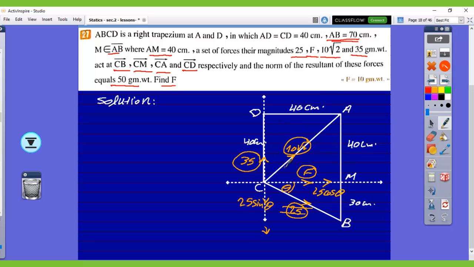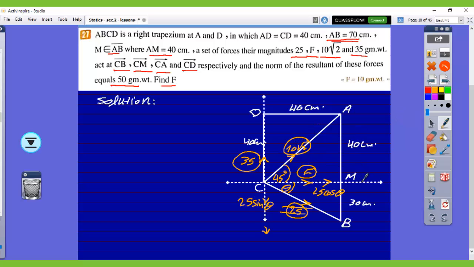And the figure ADCM will be a square, so the measure of angle ACM equals 45 degrees. Now, what are the components of the force 10 root 2? We choose another color to represent the two components.